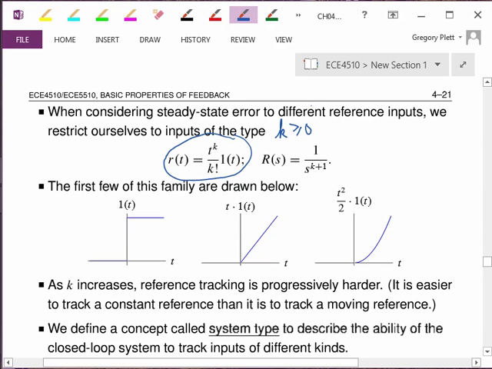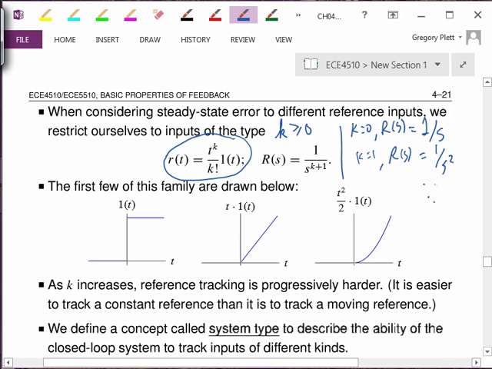And it looks ugly in the time domain, but in the Laplace domain, it's not so bad. R of s is 1 over s to the k plus 1. So for k equals 0, R of s equals 1 over s. For k equals 1, R of s equals 1 over s squared, etc.